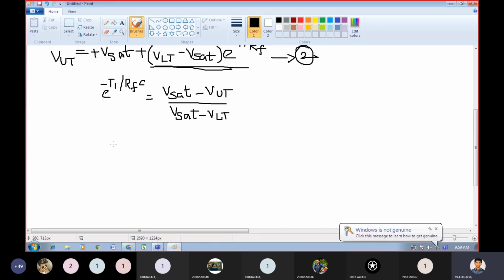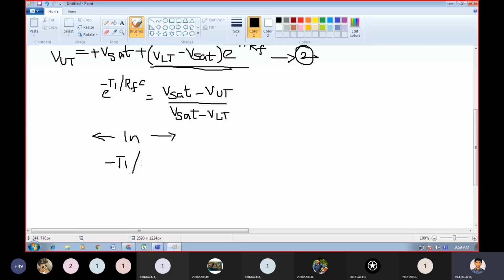Apply logarithm on both sides. Then you will get minus T1 by RF into C is equal to the logarithm of V saturation minus VUT divided by V saturation minus VLT.